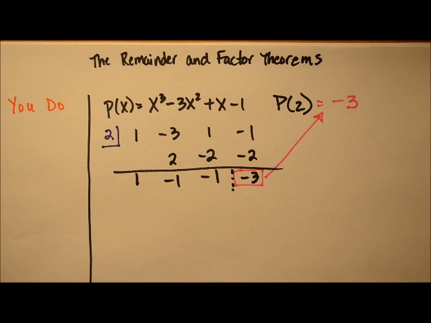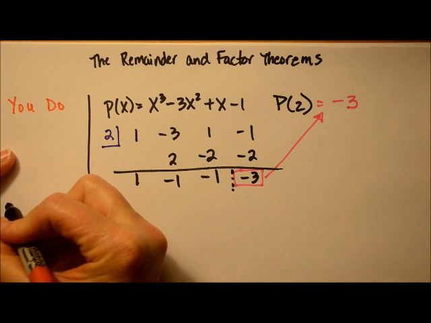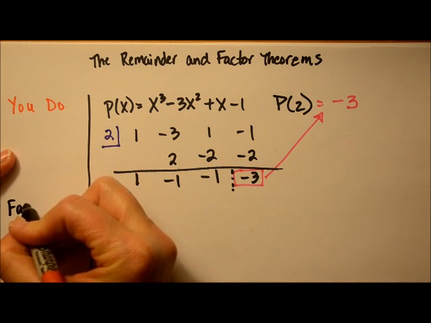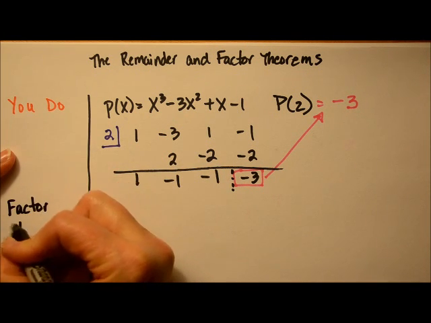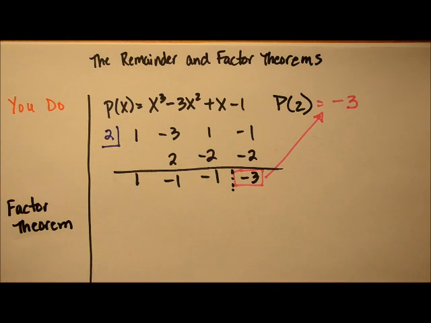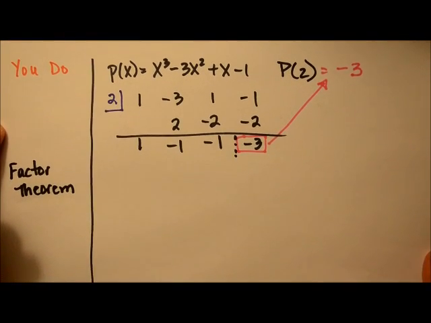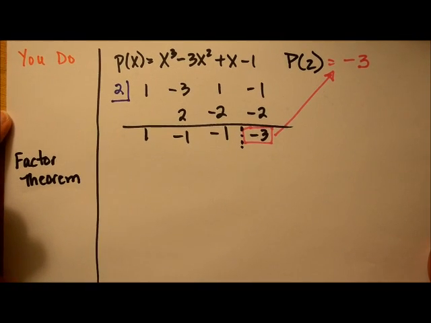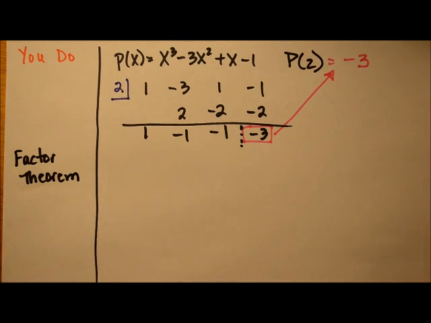Alright, next piece. The next piece is the factor theorem. This one's super simple. And we will be practicing this in class because this one is so simple. And a lot of times you guys can't do it, but it's so simple. Okay, here we go.